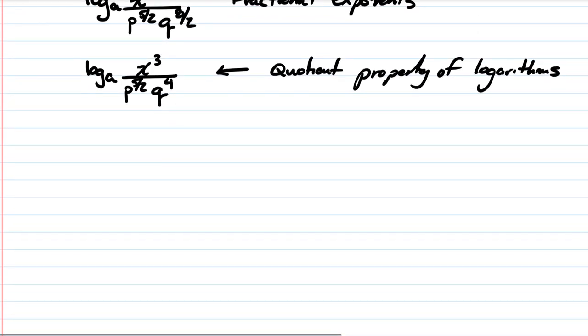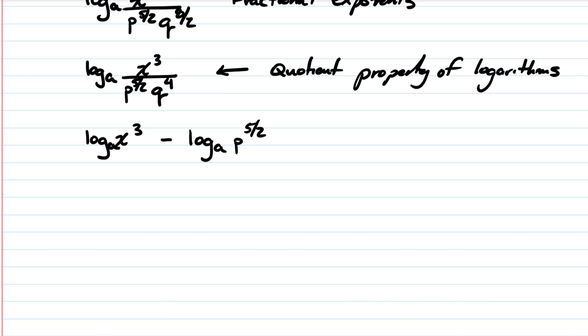And the quotient property of logarithms gives us the logarithm base a of x cubed minus the logarithm base a of p to the 5/2 q to the 4th. And then on this next piece right here, we're going to use our product property of logarithms.